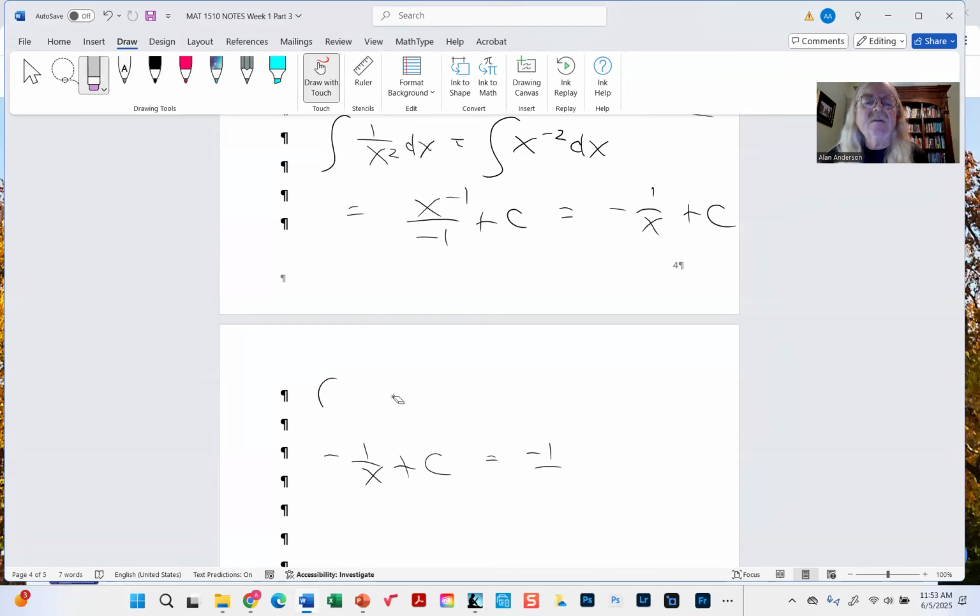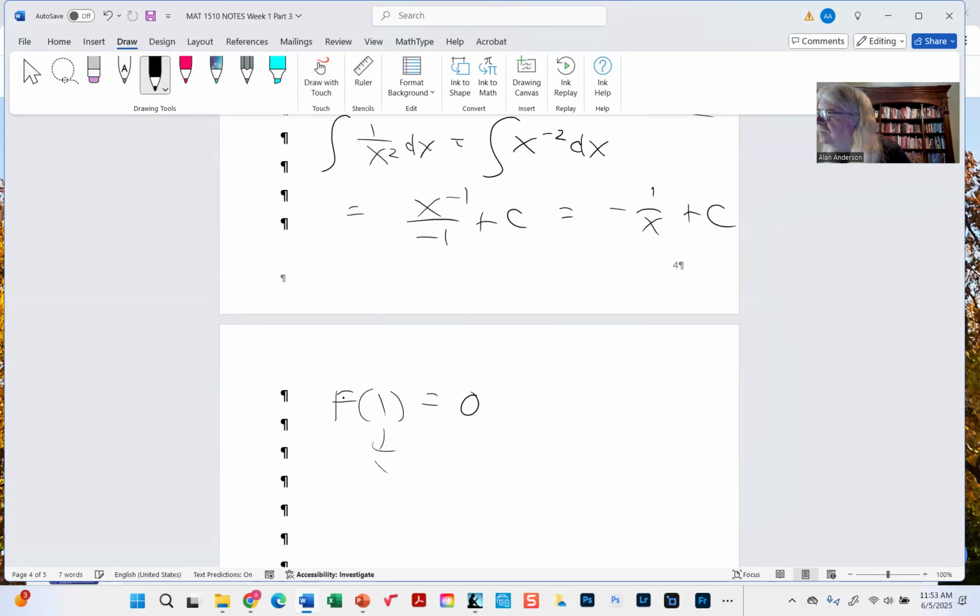Capital F, remember, is the integral. So they're telling us that capital F of 1 is 0. So now that means x is 1, rather, y is 0. So that means that 0 equals x to the minus 1, or negative 1 over x.